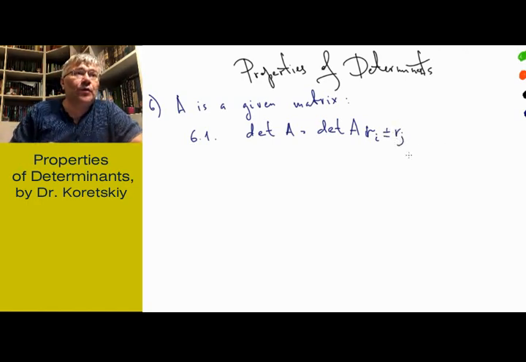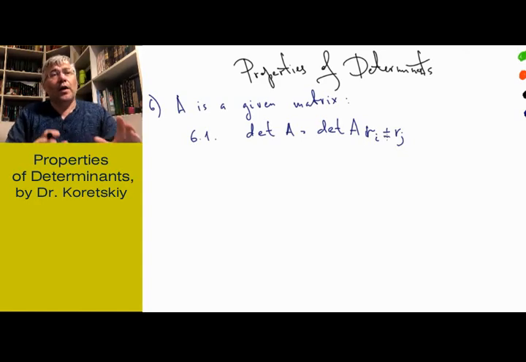What does it mean? If you take away from the elements of row I, element by element, the elements of row J, you'll have the same determinant.